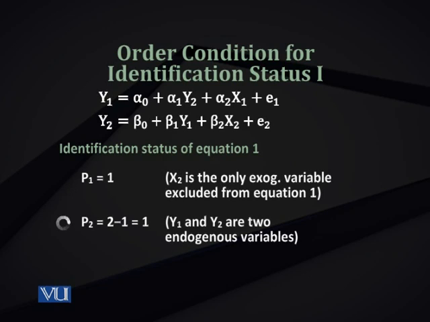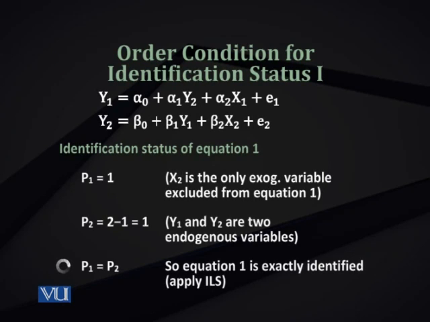Now the parameter P2, which is the number of endogenous variables in the model, not in the equation, in the model, minus 1. So you have two endogenous variables, y1 and y2, and 2 minus 1 gives you 1. So the value of parameter P1 was 1 and the value of parameter P2 was also 1. So according to our criterion, P1 is equal to P2, then the equation is exactly identified and we'll apply indirect least square.